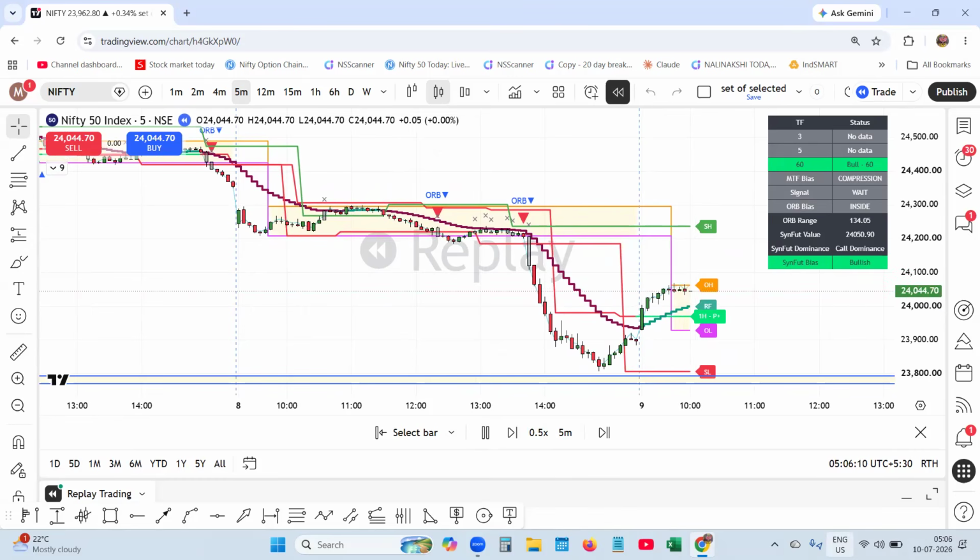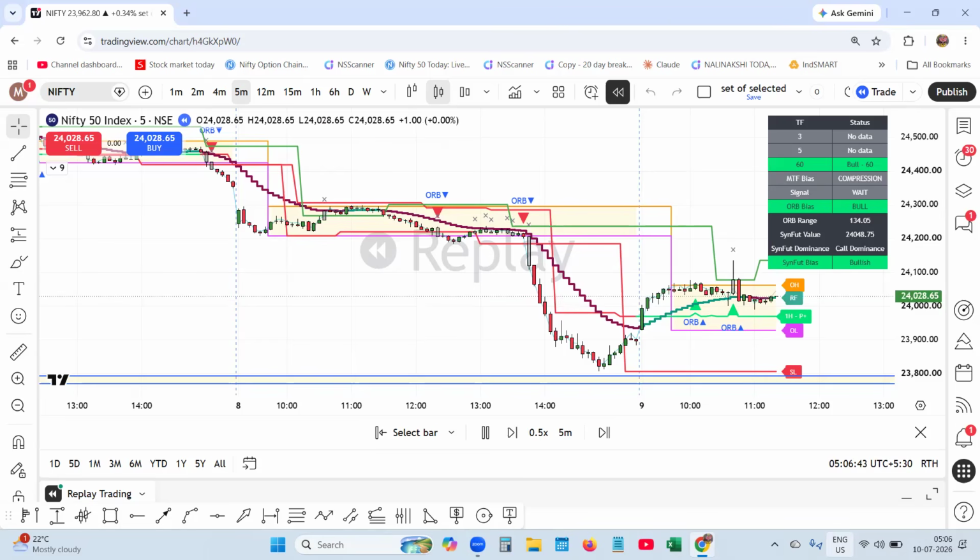Synthetic future is 24,039, the price is 51. Synthetic future is going 24,037, price is above the synthetic future. So it is telling some sort of weakness over there. They are neutral actually. That's why when it is neutral, it is going sideways. You can see how it is updating. Even the table is updating on the playback mode.